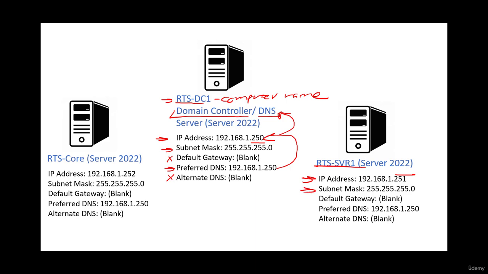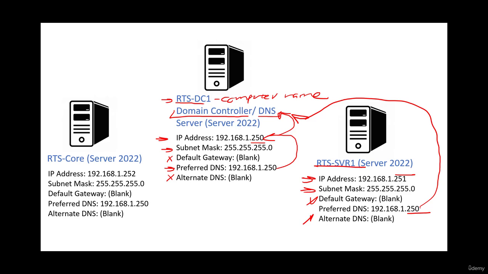Again, I don't need to connect this to the internet, so I'm going to leave the default gateway blank. The preferred DNS server ends in 250 because this is going to be the DNS server that it actually uses. So that's where it's going to look up all name to IP resolution. That's how it's going to find these Active Directory services. And alternate DNS will be blank as well.